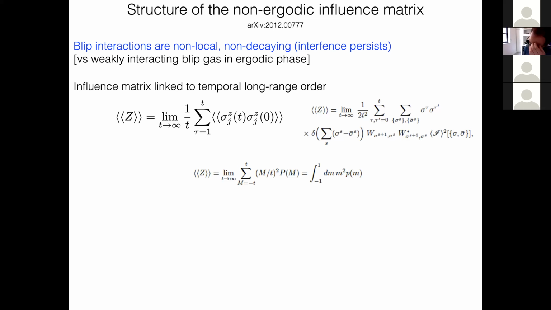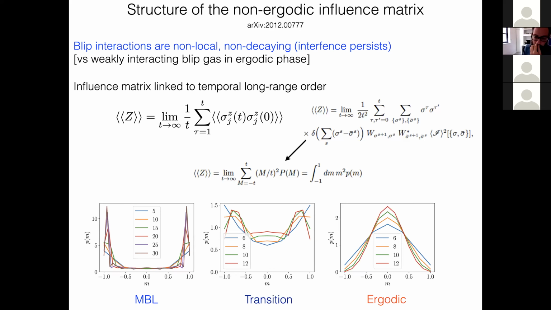It persists in this system because your local spectrum is discrete, so your bath cannot kill interference. What this also means is that if I think about the weight and importance of different sectors of the influence matrix, it turns out that in the non-ergodic phase, it is sectors with large magnetization that dominate.